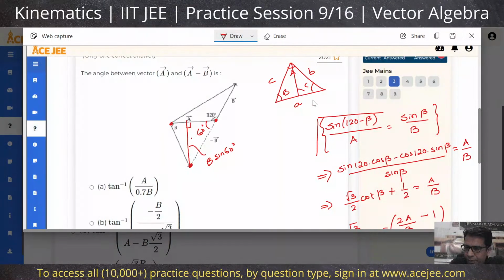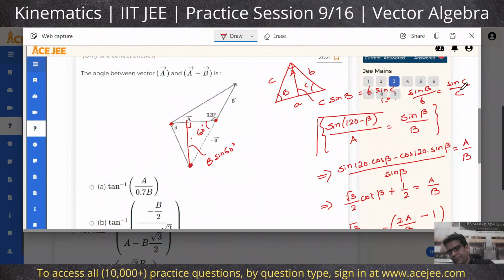So I can write this as c sine B, or I can write this as b sine C. That is sine B by b is sine C by c.